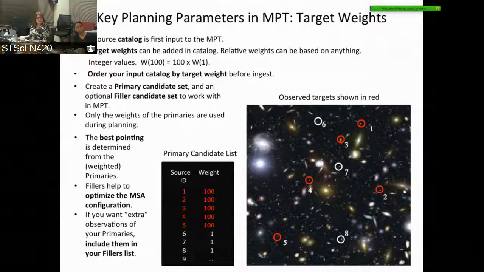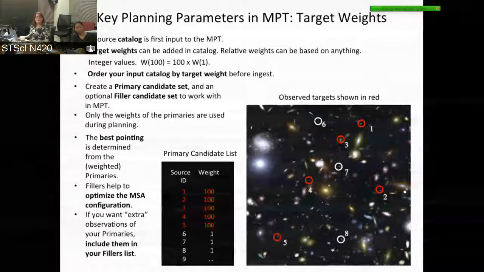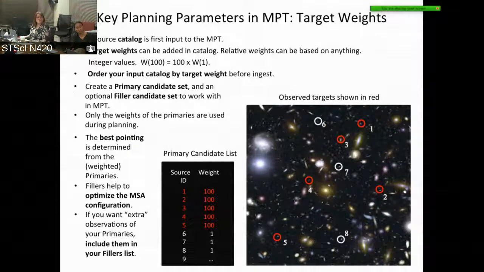The best pointing will be derived by the tool for you from the weighted primaries. And the fillers will actually help to optimize the MSA configuration at any given pointing, because you're adding in sources where you would otherwise not be observing. So you would not be utilizing the real estate that's there and available to you if you weren't using the fillers.